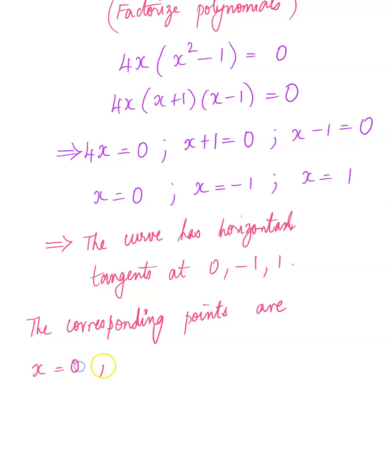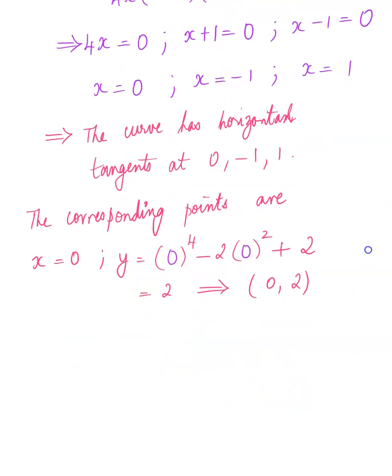So when x is 0, your y, plug in for x as 0. So x power 4 minus 2 times x power 2 plus 2, isn't it? And there we want to insert our 0. And that gives us a 2. So this implies that coordinate is 0, 2, right? x, y. Do the same for x equals negative 1.